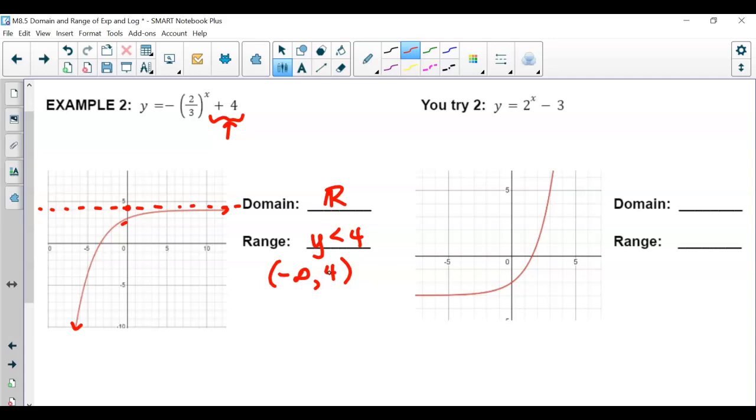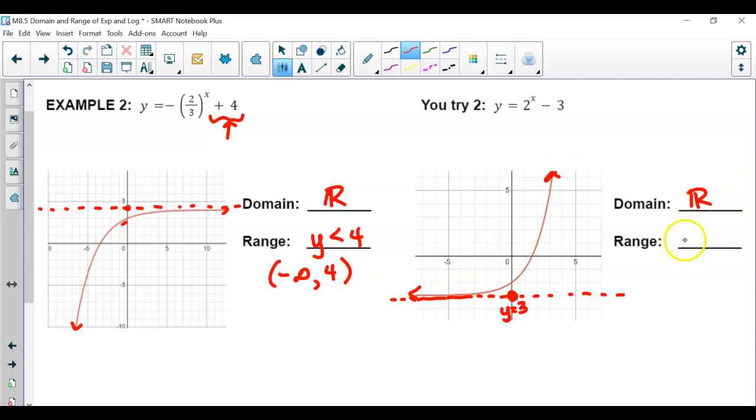And here we go. So again, notice how we have that horizontal asymptote, again, approaching but never reaching this y value here. So that means my domain, again, is all reals, right? Because we're going constantly left, constantly right.